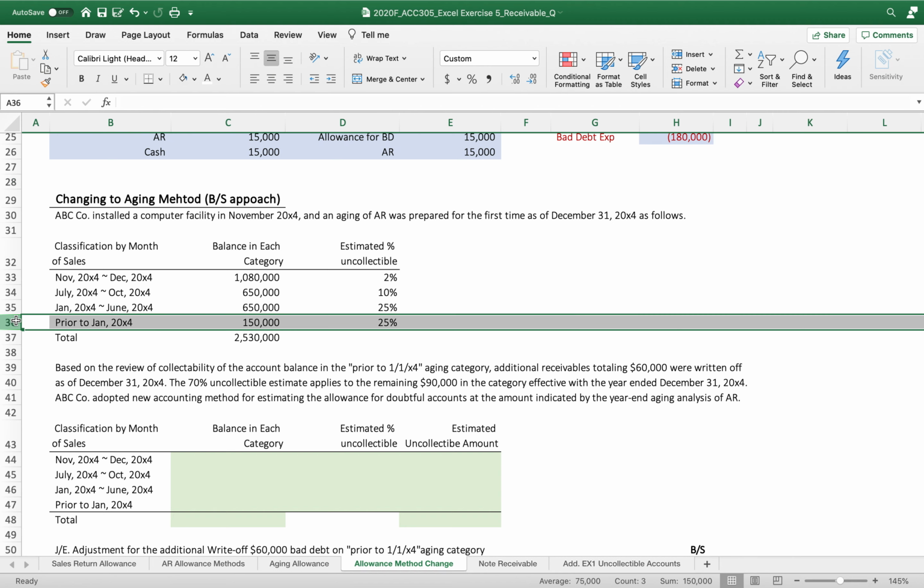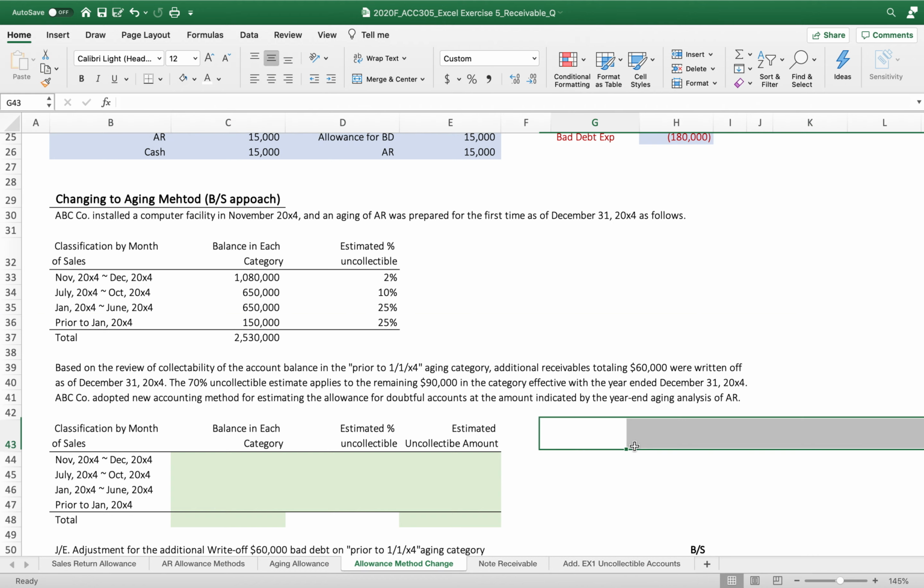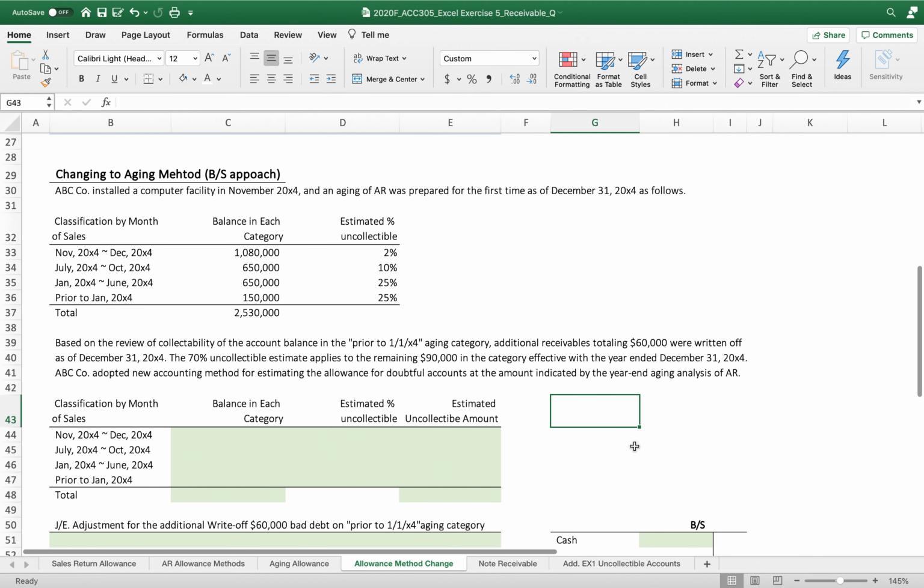ABC Corporation adopted a new accounting method for estimating the allowance for doubtful accounts at the amount indicated by the aging analysis of AR. Now the company changed from the percentage method to the balance sheet approach, the aging method.